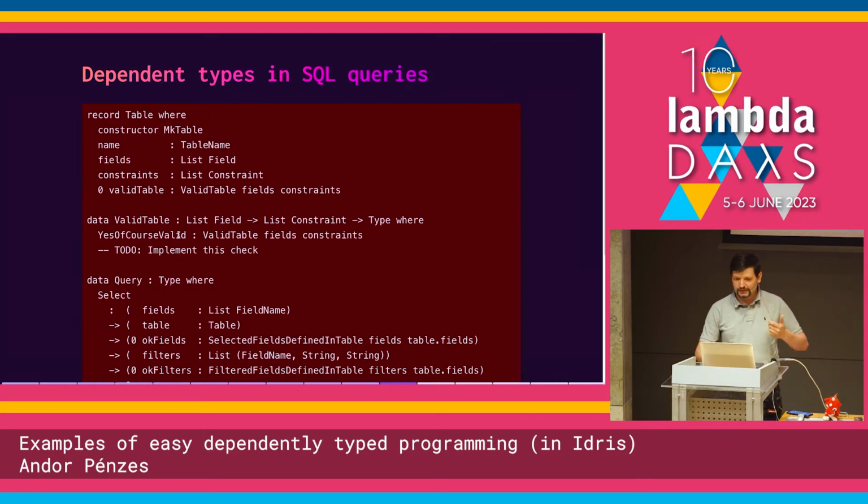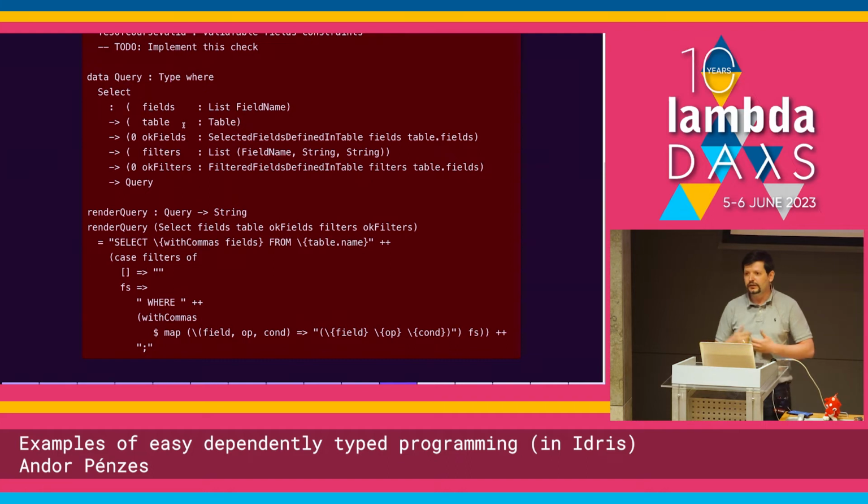But if I have this table already defined, I can create another data type which represents the select query. If I say that I want to select these fields from this table, at the same time I have to give the constructive proof that the fields are actually in the table. I also have to do the same for the filters.